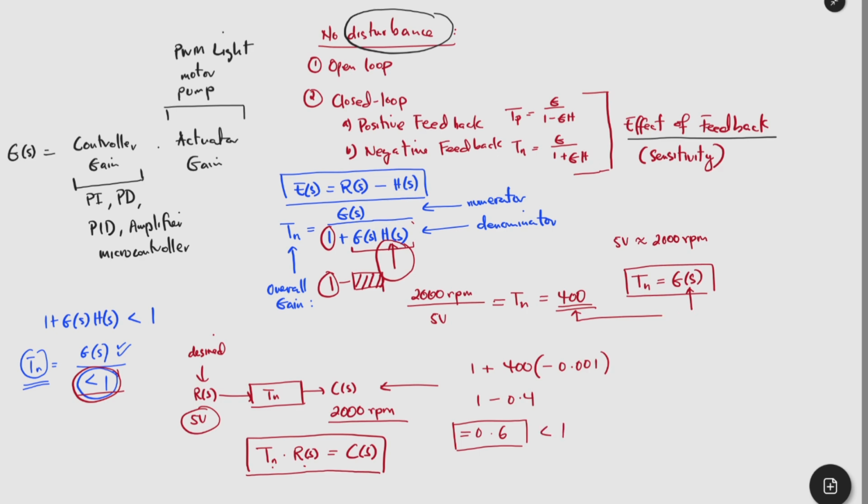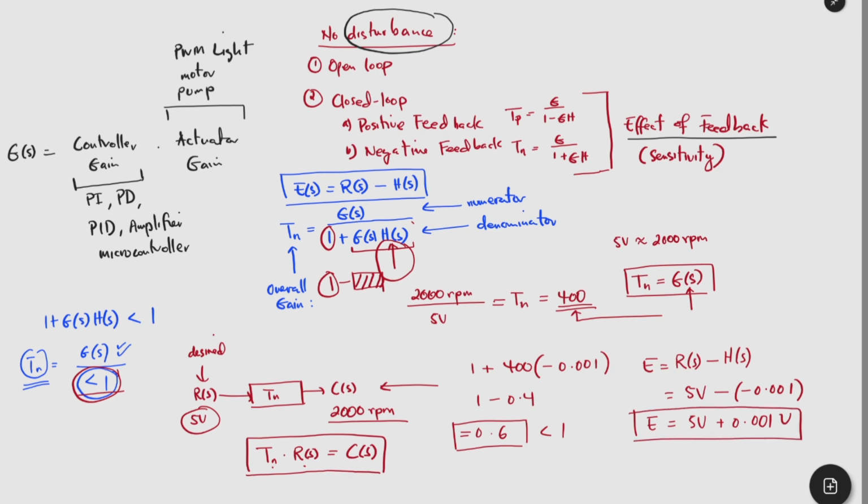We can look at the error. E is equivalent to R of s minus H of s, and in that case we can have, for example, 5 volts minus 0.001, and now we can have 5 volts plus 0.001 volts, which is our error signal.